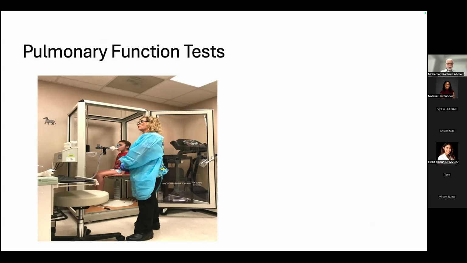As you see here, the patient, the child here, is sitting inside that glass box, and there is a mouthpiece where this patient is gonna blow air inside, and the technician is giving instructions and measuring. That computer is graphing and determining the various measures and parameters of respiration.